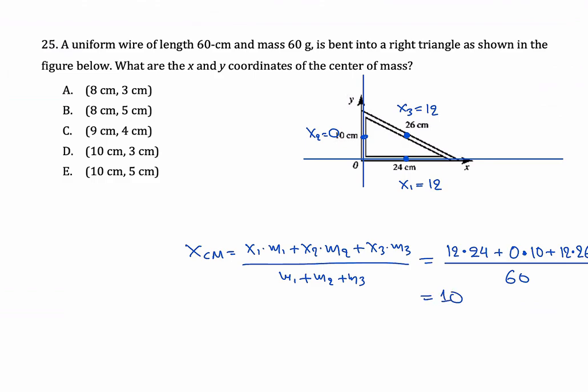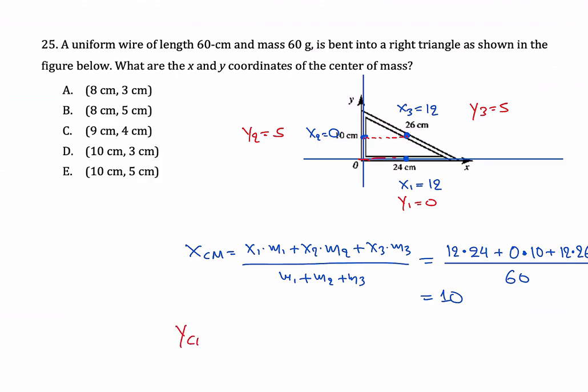Unfortunately, we have two values where the x of the center of mass is equal to 10, so we have to find the y of the center of mass. Now, the y1 is 0, the y2 is 5, and again, the y3 is 5, because if we project to the left, well, the object is symmetrical, so the projection left will be exactly at the center of the 10 centimeters.